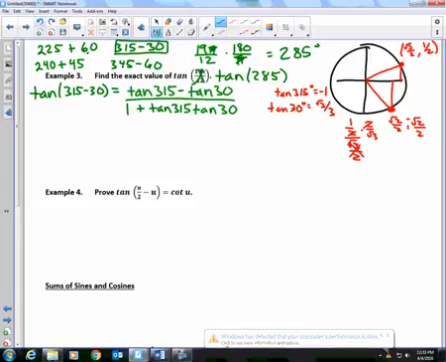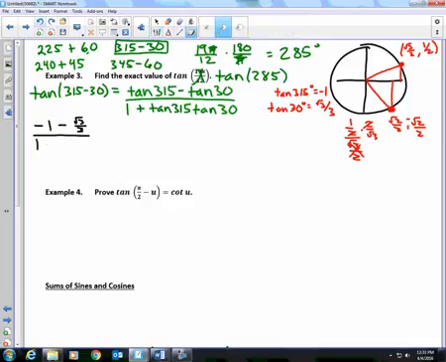All right, so now we just plug in the values, and then we've got a decent amount of simplifying to do. So tangent 315 is negative 1 minus tangent 30, which is the root of 3 over 3, divided by 1 plus negative 1 times root of 3 over 3. So it would be minus root of 3 over 3. What kind of fraction do I have? Starts with the C. Complex fraction.